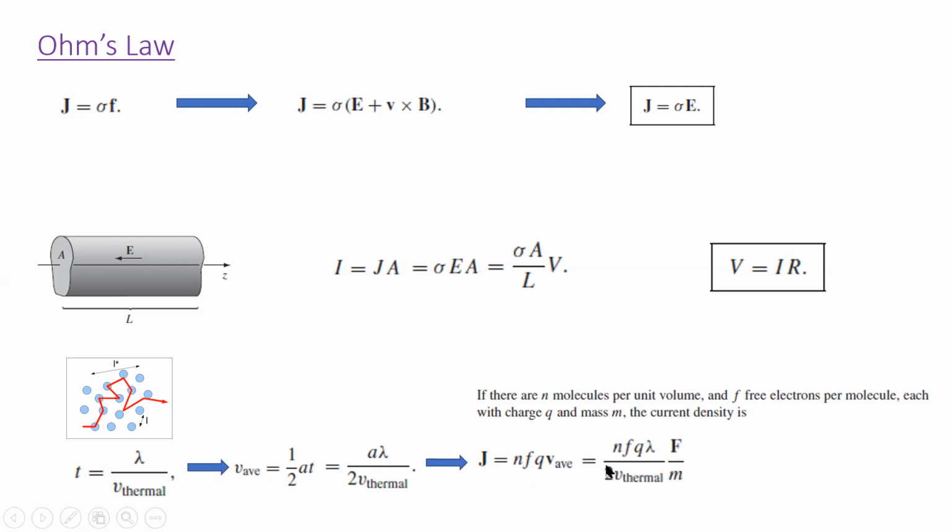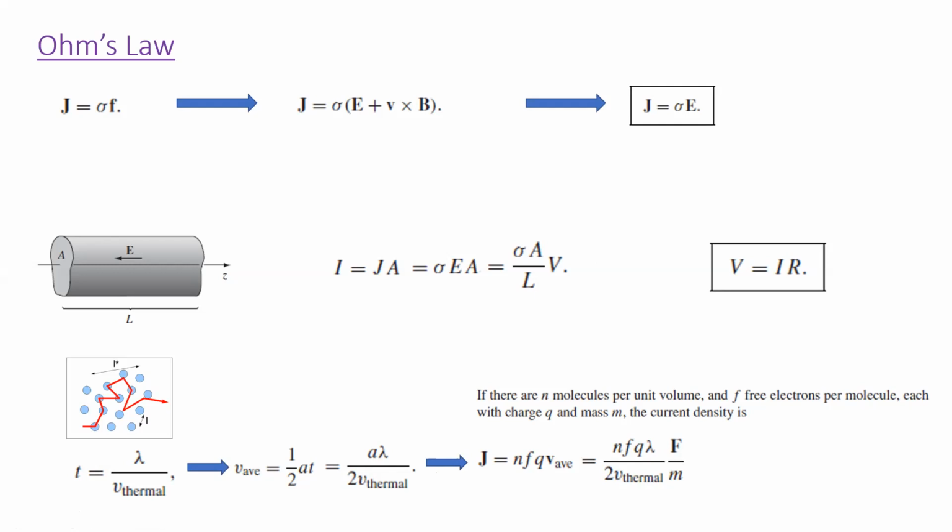And then we can plug in for the average here, which is really the drift velocity. And so we just get, let's see, lambda over 2v thermal, here's the nfq. And then a becomes F, the average force, over m, using the equation F equals ma.